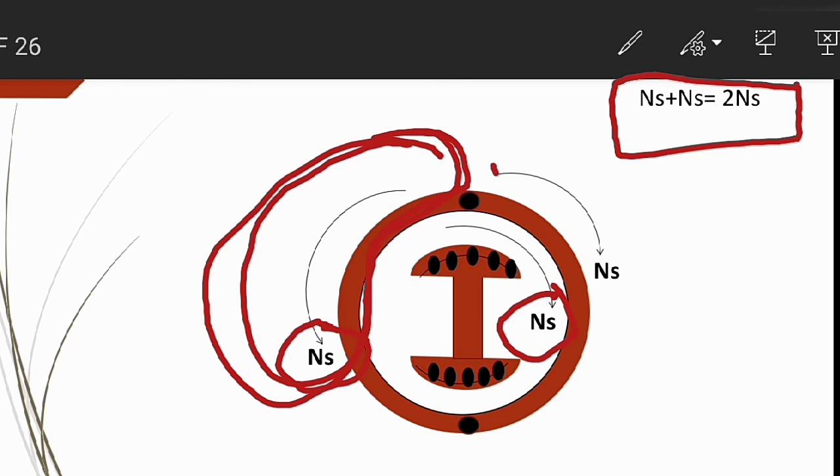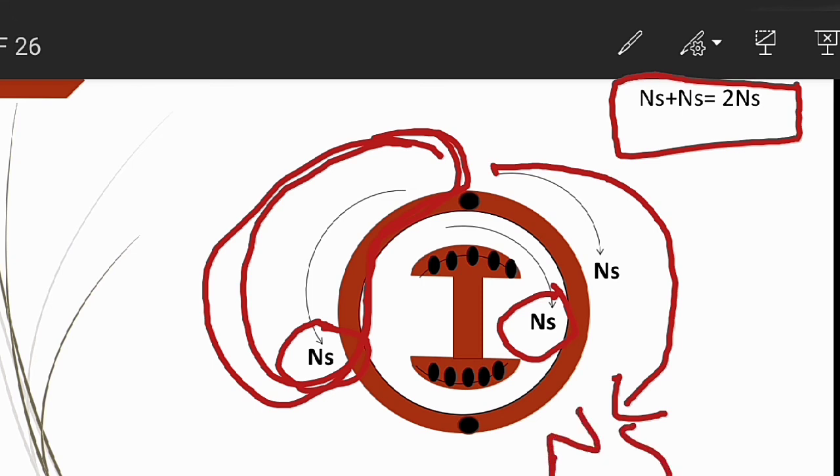We get another MMF in the clockwise direction with speed Ns, which opposes the negative phase sequence field MMF and cancels it out. This way the negative phase sequence field is suppressed.